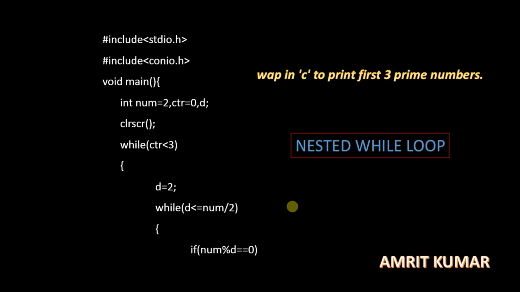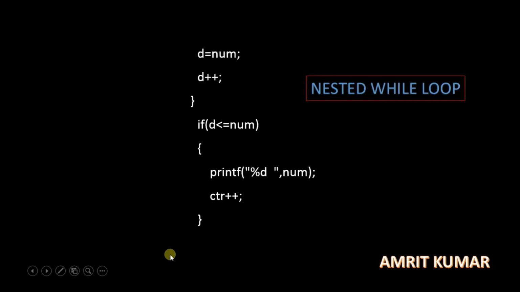Therefore this inner while loop will not execute. If d is not less than or equal to num divided by 2, it will print the value stored in num, and after that ctr will be incremented.